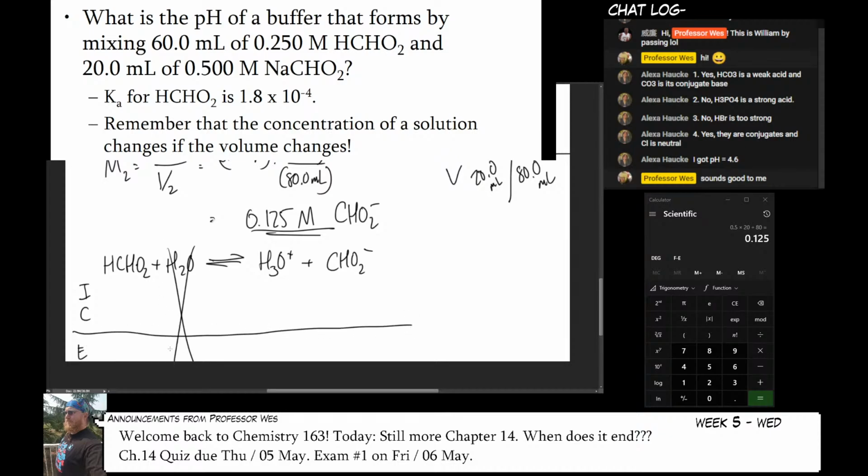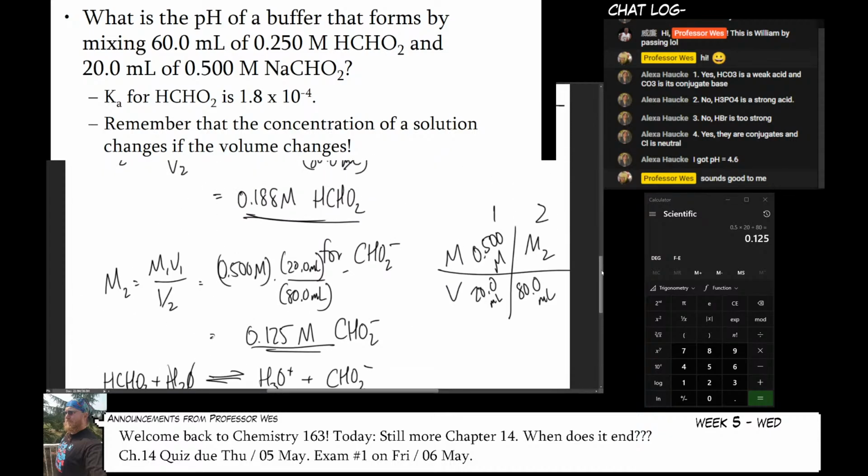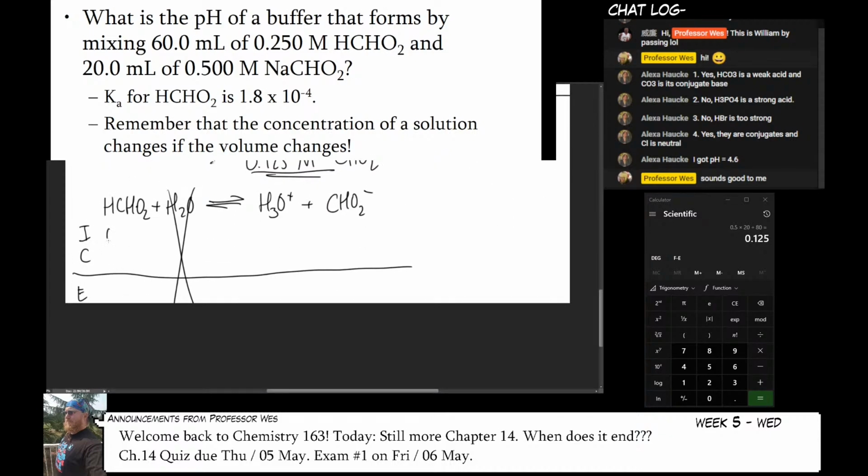And again, we don't care about water. And we just use the numbers that we had. So up here I had 0.188. Essentially nothing. 0.125. We let our reaction go. And you can basically do it from here, right?